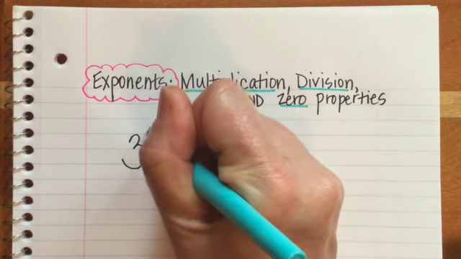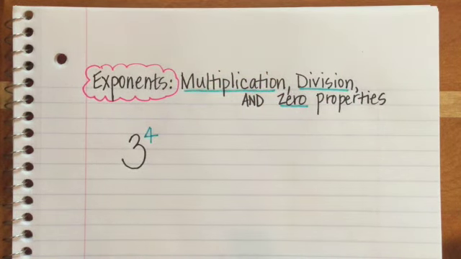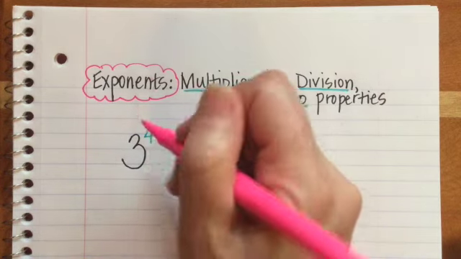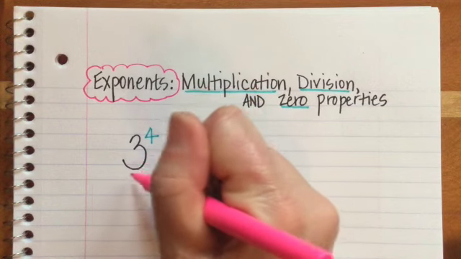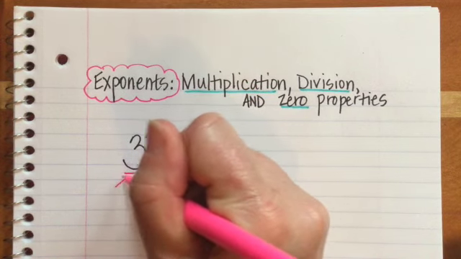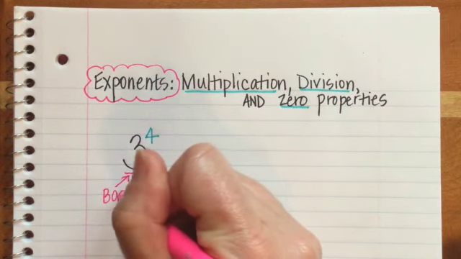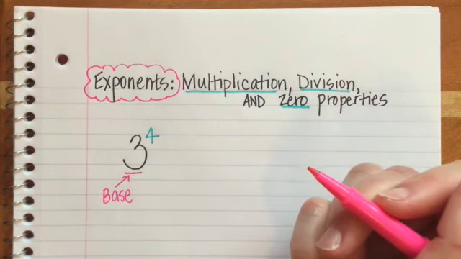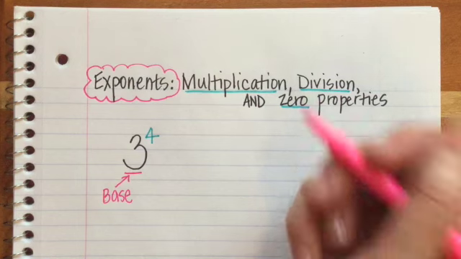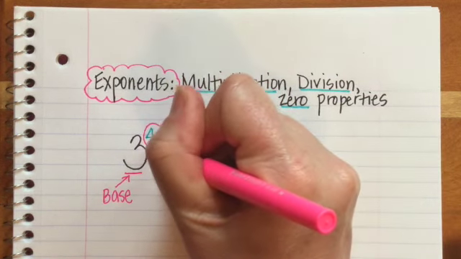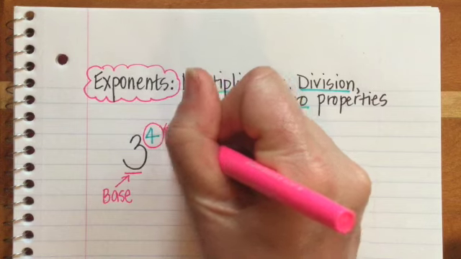I'm going to put a 4 up top, and in pink, I'm going to identify what all of these are called. So this 3 right here, that guy is called the base. It really is all about the base. Okay, sorry, I'll stop. The 4 right up top up here, that's my exponent.